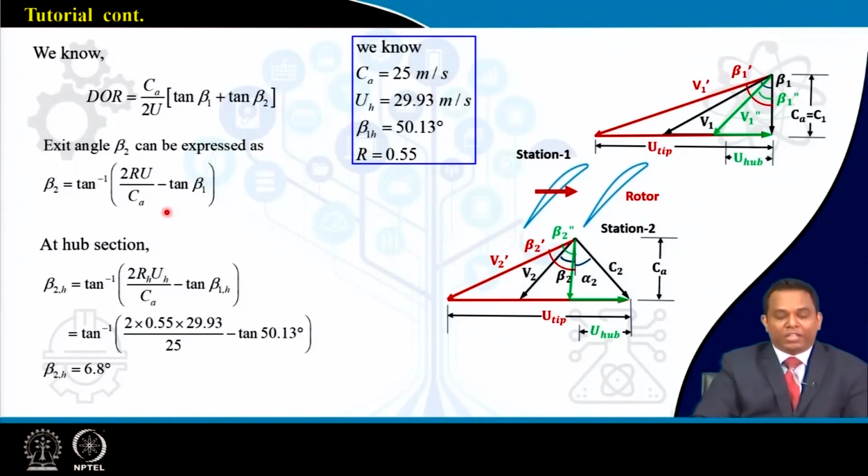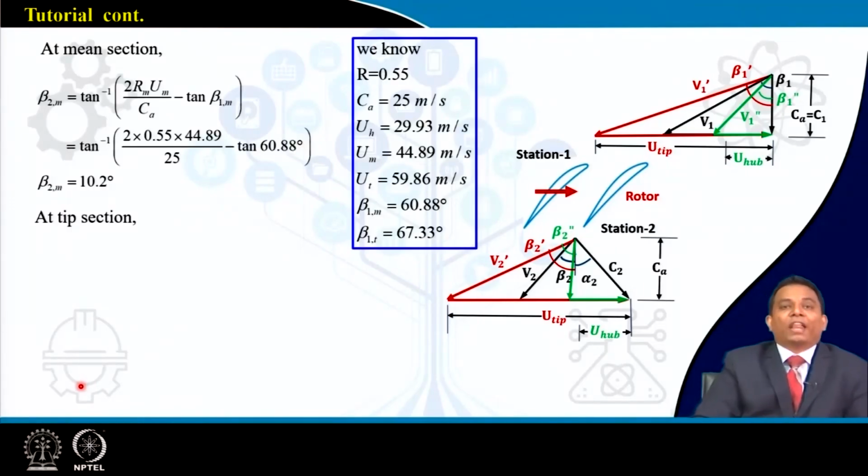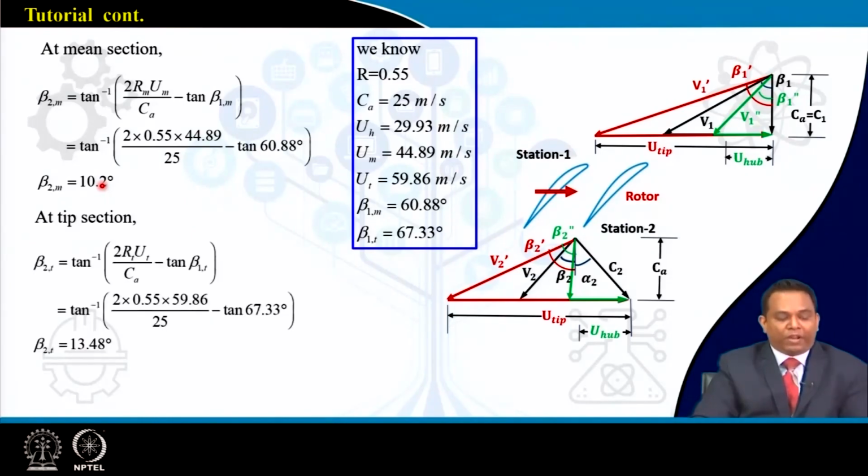What is given to us is our degree of reaction, 0.55, that is constant at hub, mid and tip section. So by using this relation, we can calculate my air angle at the exit at the hub station. In line to that, we can calculate our angle at the midsection, and that's coming 10.2 degree. Similarly, at the tip station also we can calculate our angle, and that angle is coming 13.48 degree.